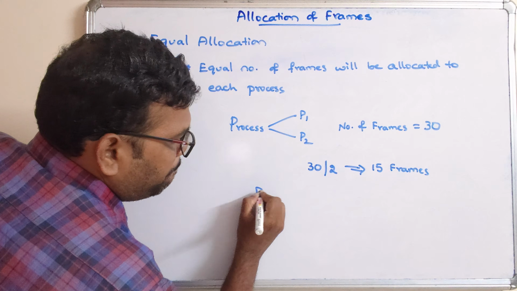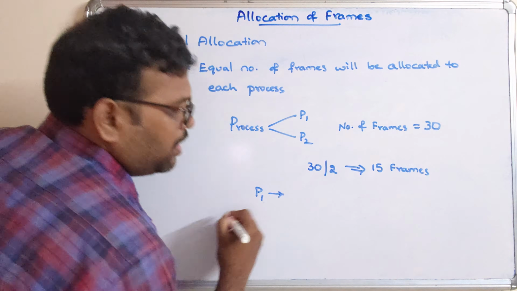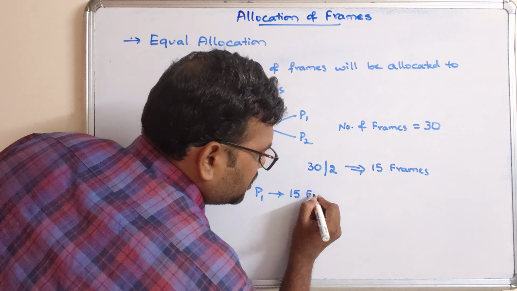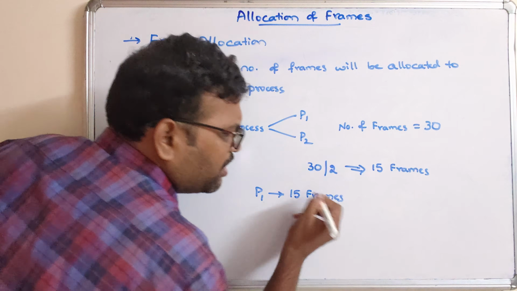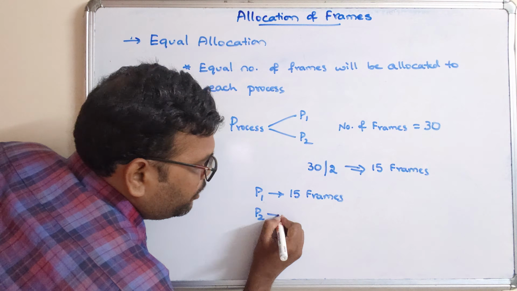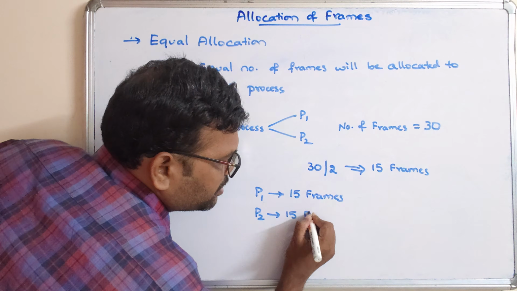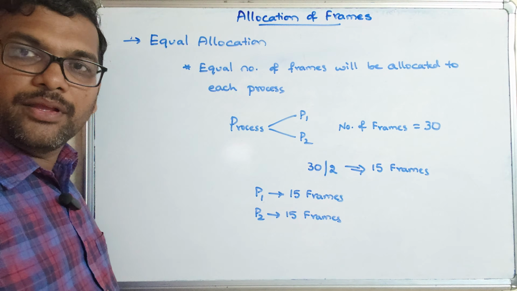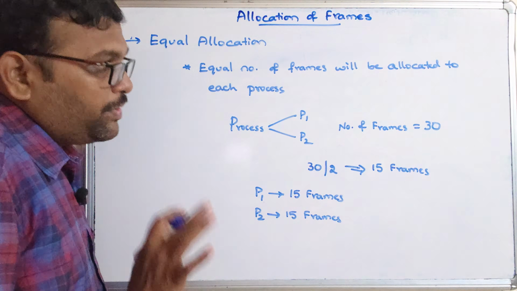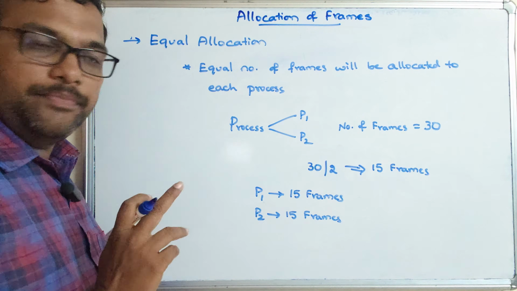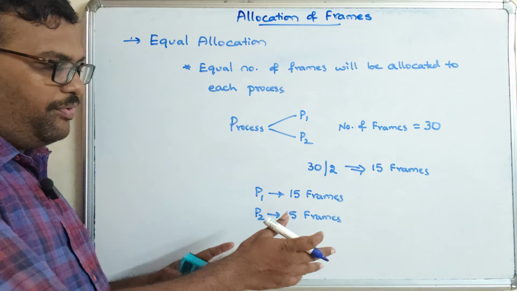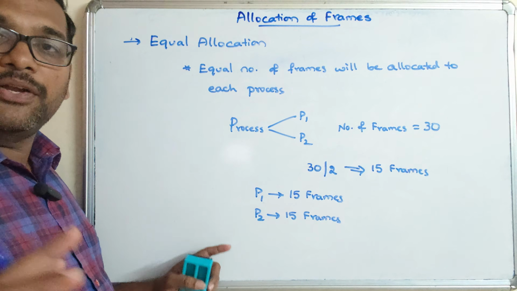So 15 frames will be allocated to P1, and similarly P2 will be allocated 15 frames.